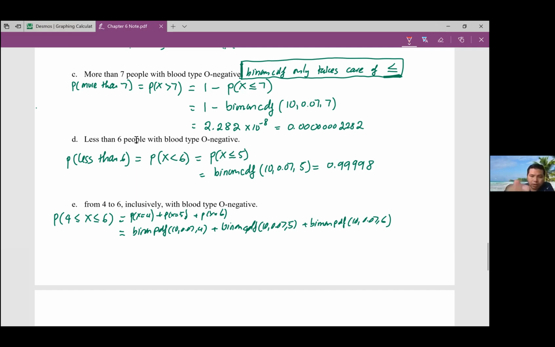Okay, so everything's rolling. We get 0.0036.